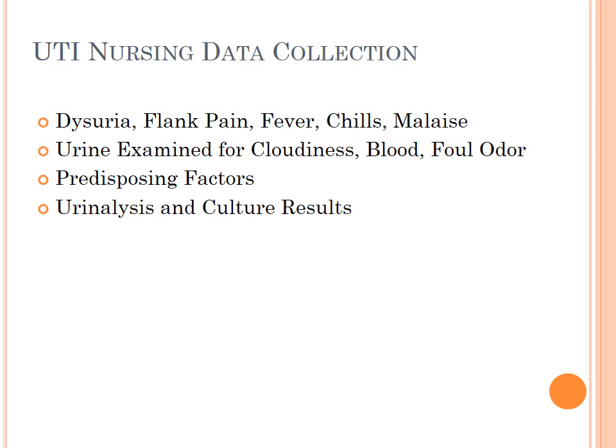Examine the urine for presence of blood, or the clarity, which will be cloudy, and any foul odor. We're also going to ask about any increased risk factors and get urinalysis and culture and sensitivity results.